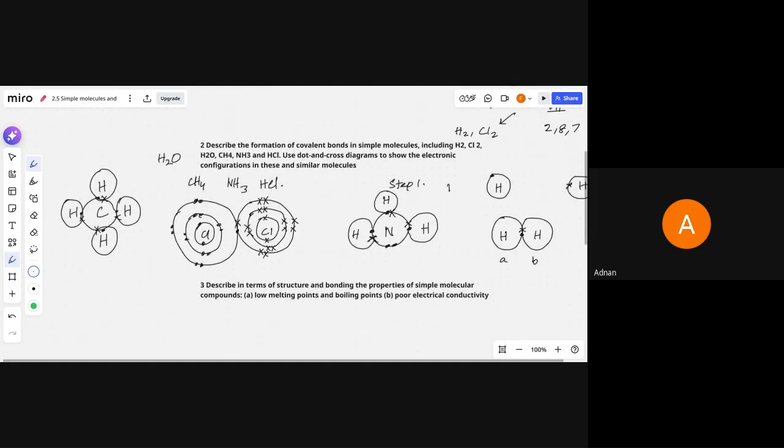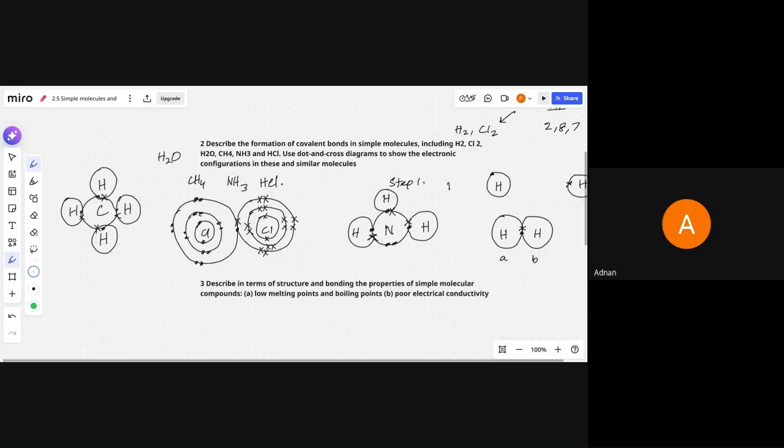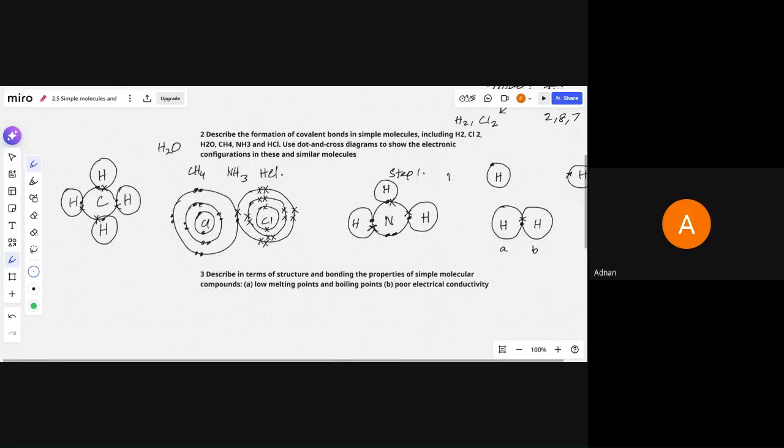And the next topic is: describe, in terms of structure and bonding, the properties of simple molecular compounds. A, low melting points and boiling points. B, electrical conductivity. For simple molecular compounds, we need to understand what simple molecular compounds are.